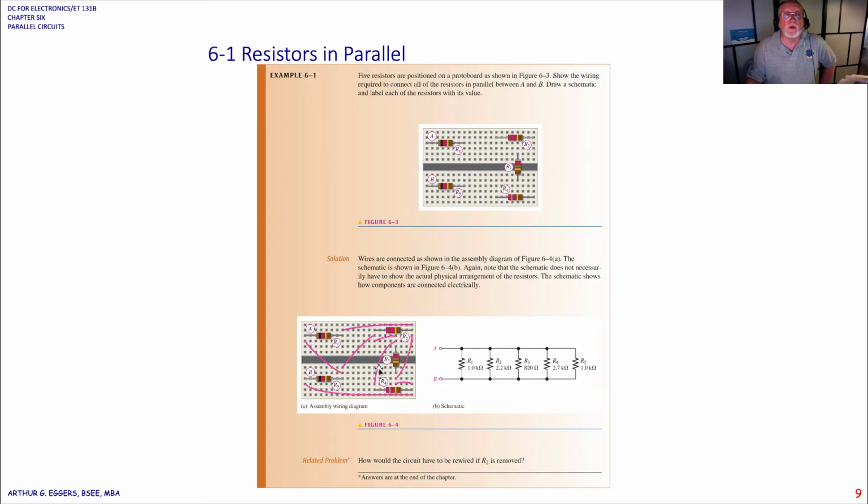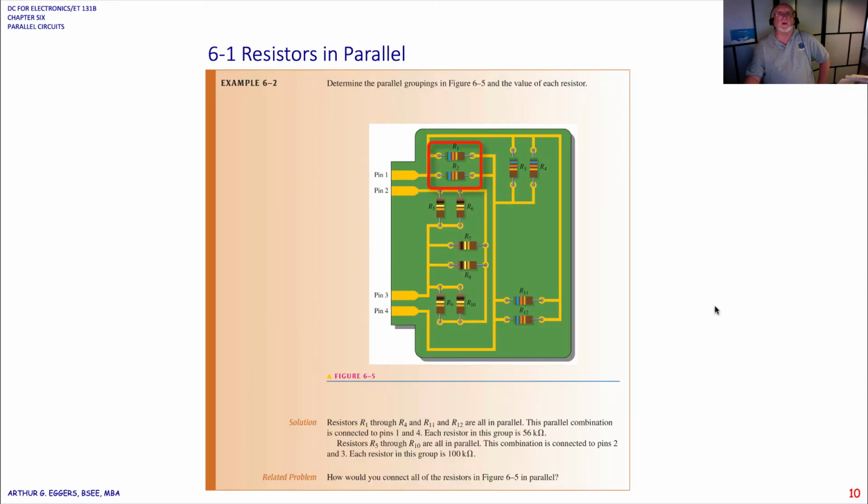How would I do that with the breadboard? Well, you can see in this example here a typical way that you could do this by separating the 5 resistors out and then tying them back to one node across the top and one node across the bottom, and form each branch of this parallel network.